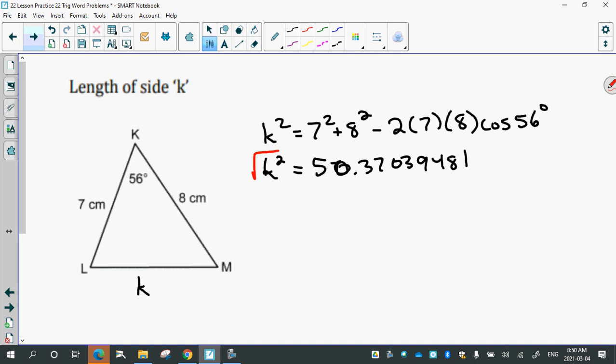Then we have to square root that. 7.1 centimeters approximately.